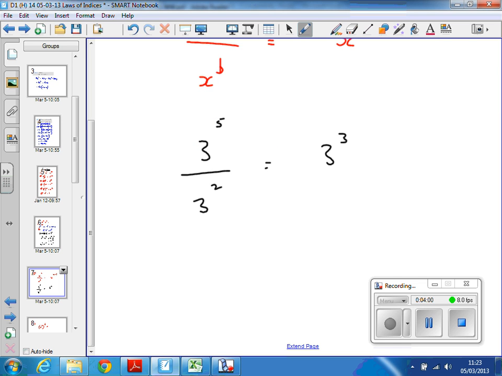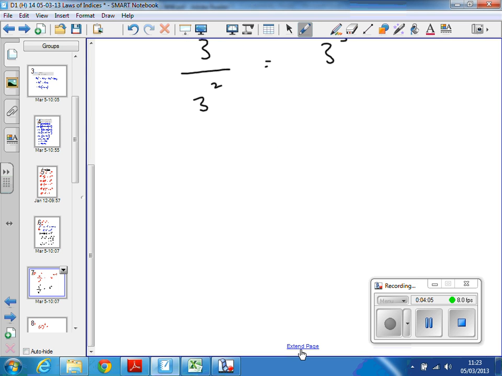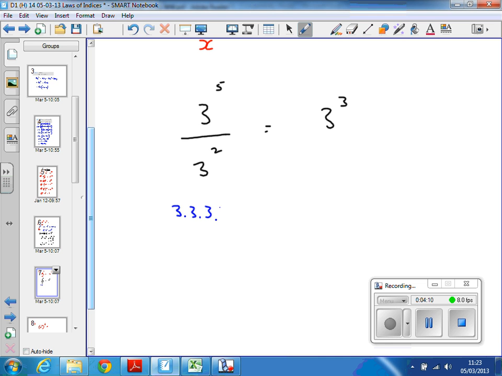Yeah. And we could actually show it, because if I think about what 3 to the power 5 looks like, it's 3 times by itself 5 times, over 3 times 3. And we can do some cancelling top and bottom. 3 goes into 3 once, top and bottom. That 3 at the bottom cancels with another of the 3s at the top.